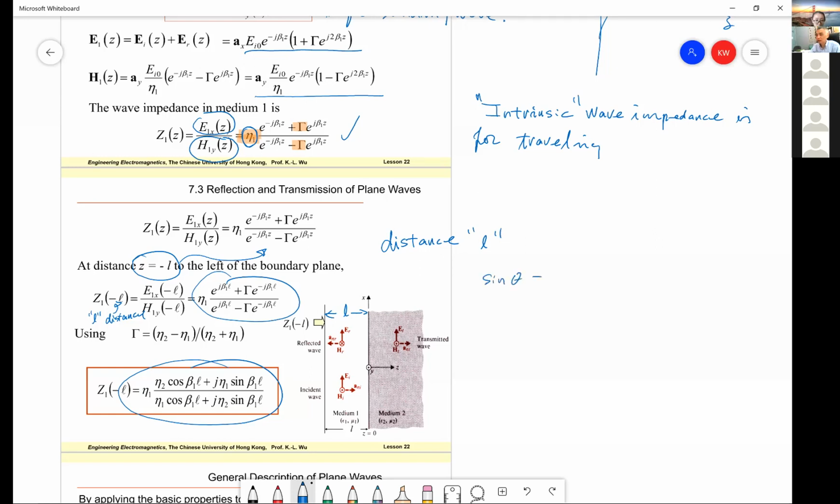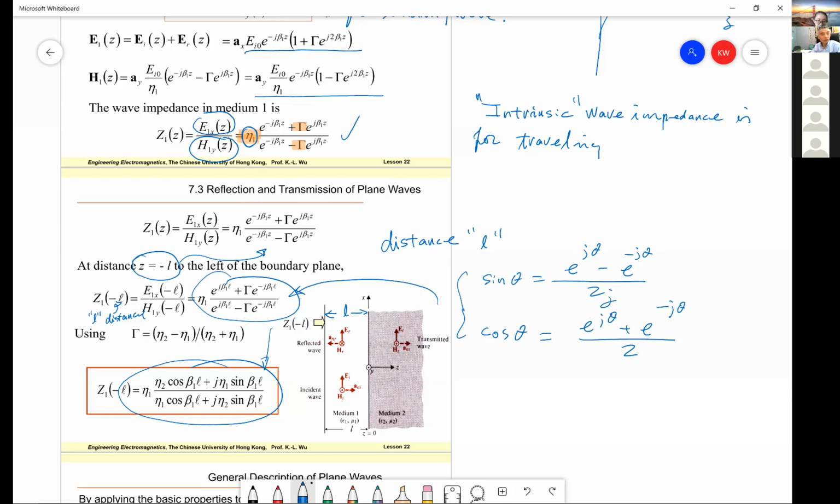So the sine theta equals... if you use a very simple expression into this, then we can find another.